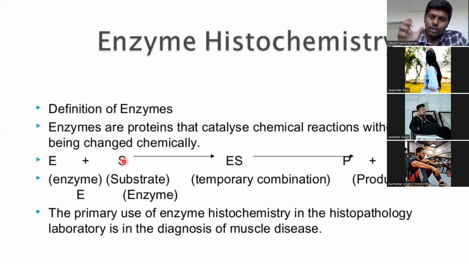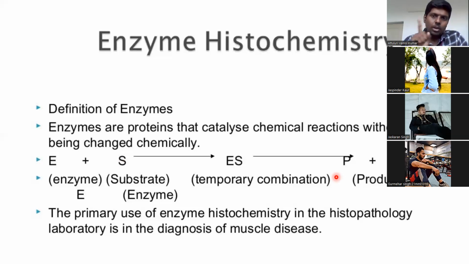Upon binding, it will temporarily make an enzyme substrate complex. An enzyme bound with a substrate makes an enzyme substrate complex. Now this enzyme substrate complex will make a product. It will convert the substrate to a product. So the idea of an enzyme is the conversion of substrate to another product.